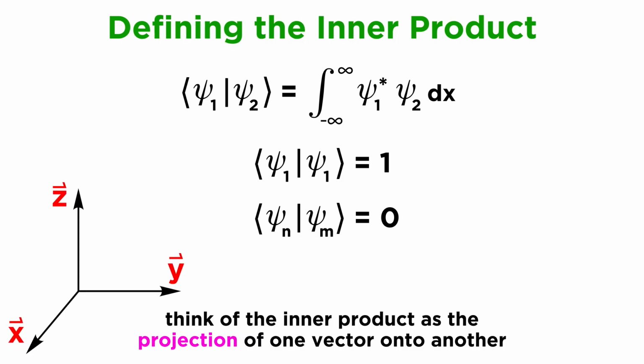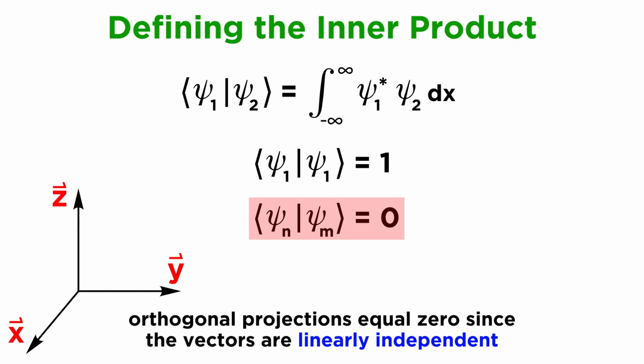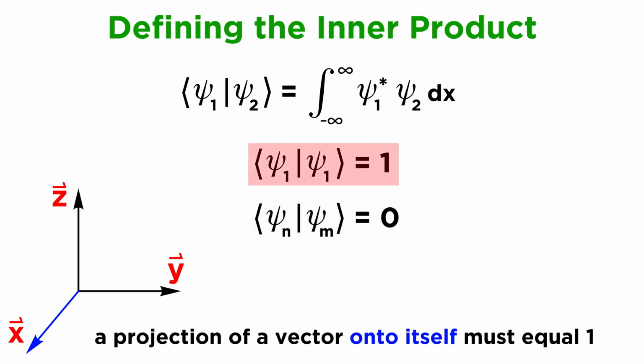This makes sense if we think of the inner product as the projection of one vector onto another. Any orthogonal projection is zero since we are dealing with linearly independent vectors, like how this unit vector in x does not contain any amount of the y or z vectors. But any projection of a vector onto itself must be 1, as a vector is equal to itself.